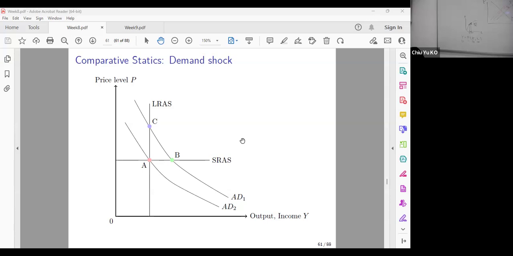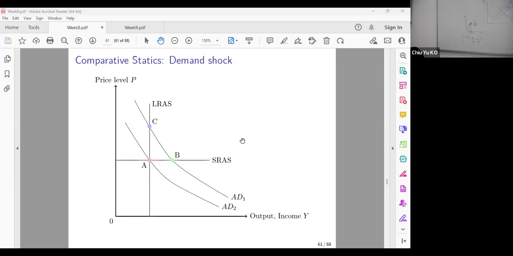So let me repeat the story because I think this is a very important idea. We're in A. Now suddenly people become very optimistic. They do a lot of investment, a lot of consumption. They go to B in the short run. Output increases, everything looks nice. But in the long run, they go to C. That means there's inflation, which the Federal Reserve doesn't like.